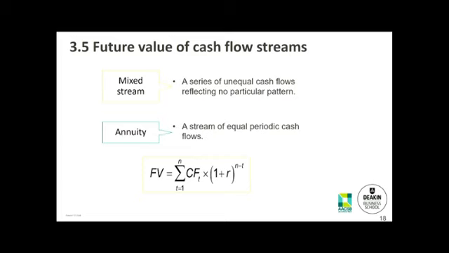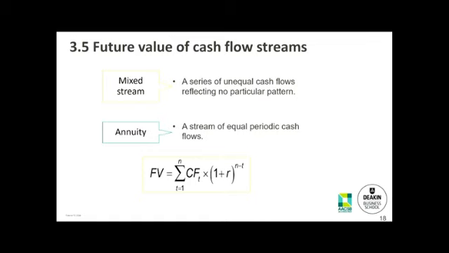Let's talk about future value of cash flow streams first. Okay? Generally speaking, cash flow streams have 2 different types. The first one is the most common, named mixed stream of cash flows. The second one is named annuity, and I will talk about annuity later.